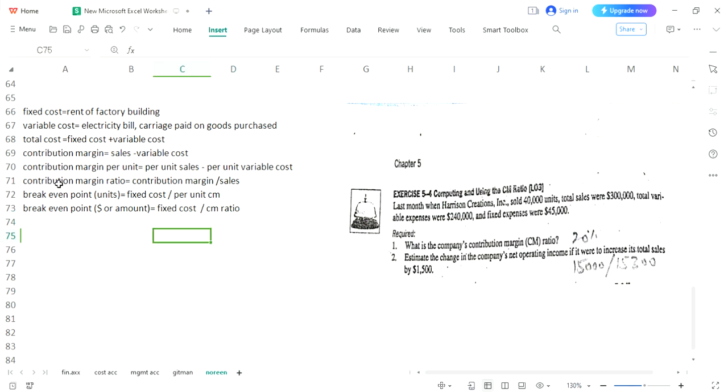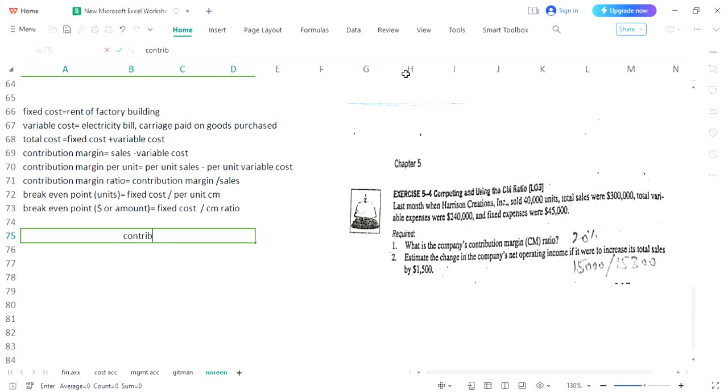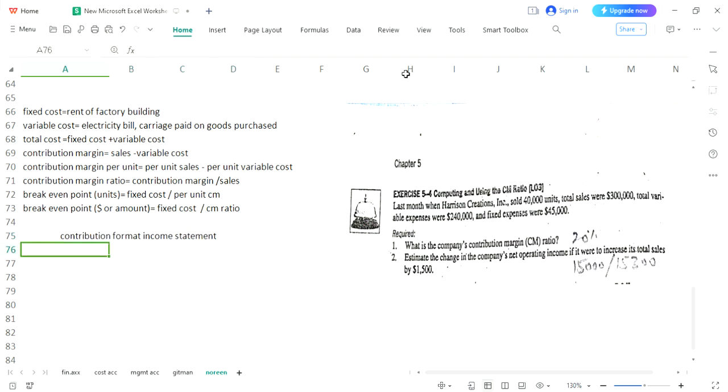And then we had our contribution margin format statement, and hopefully everyone has completely in mind how to create a contribution format income statement. So let me know, the first element involved was sales.